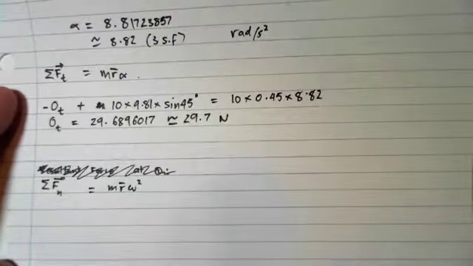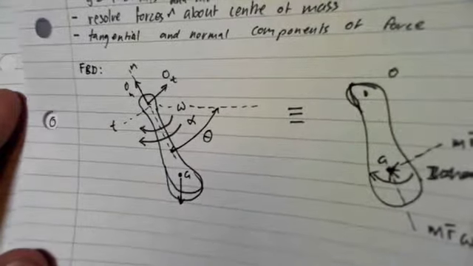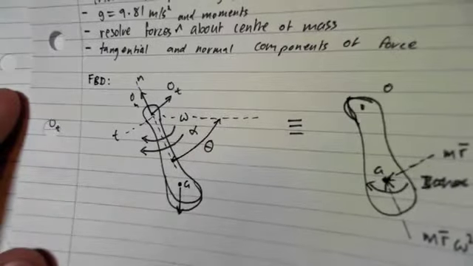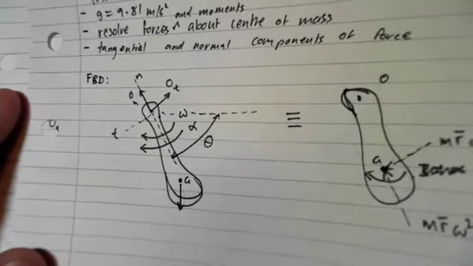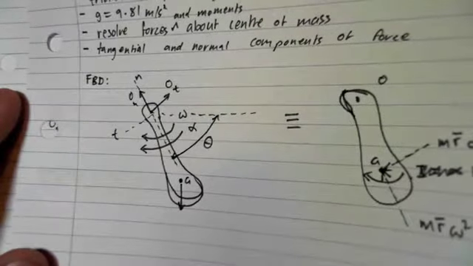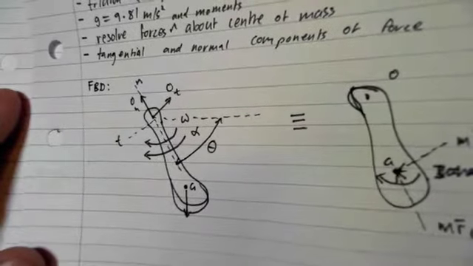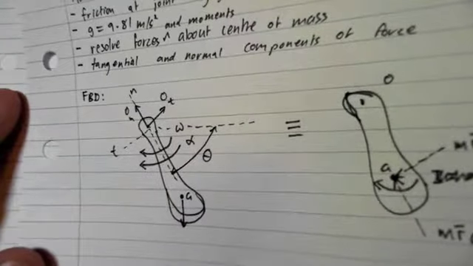So what we'll do is we'll go back to that free body diagram again, this free body diagram here on the left, and say our normal component of force, or O_N, plus or minus G cosine 45 is equivalent to m r omega squared.